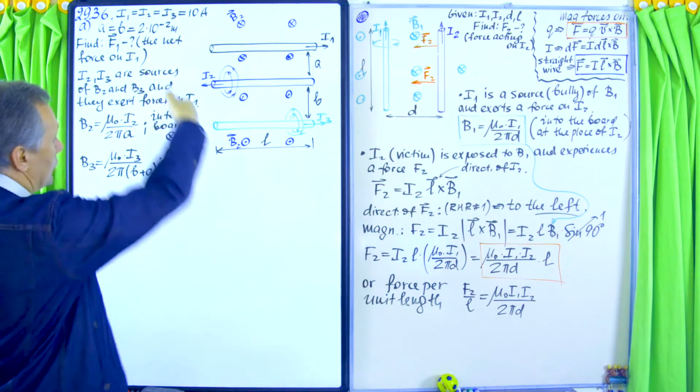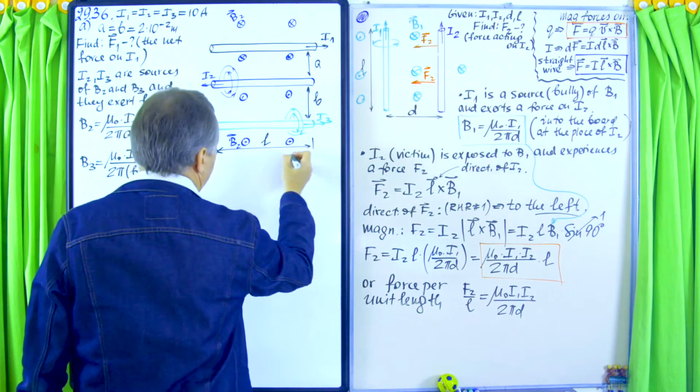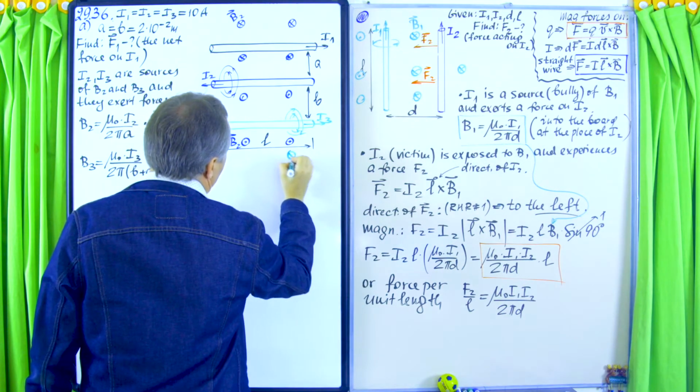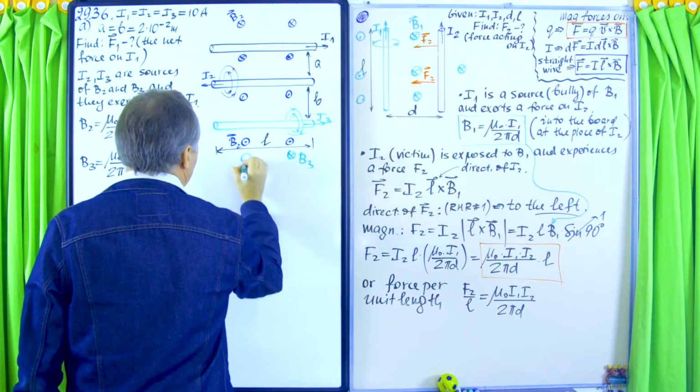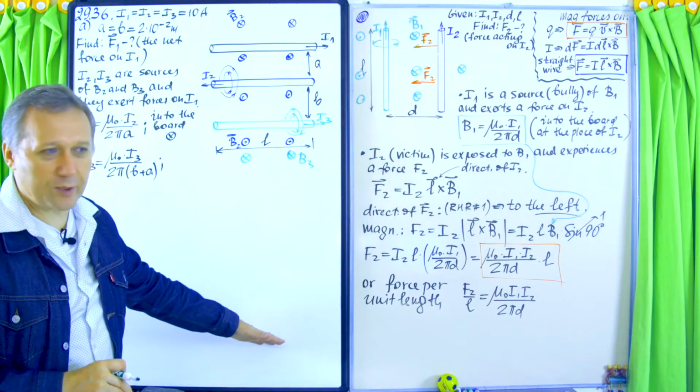So now again, I'm going to draw my crosses and dots. So below, into the board, into cross. So that's B3. Here again, cross. So all the way to this infinity, where you can draw as many crosses as you want.